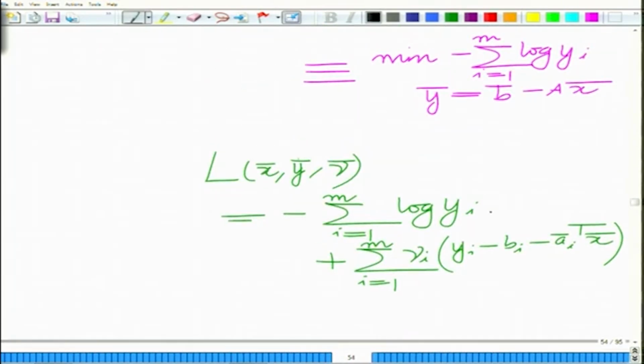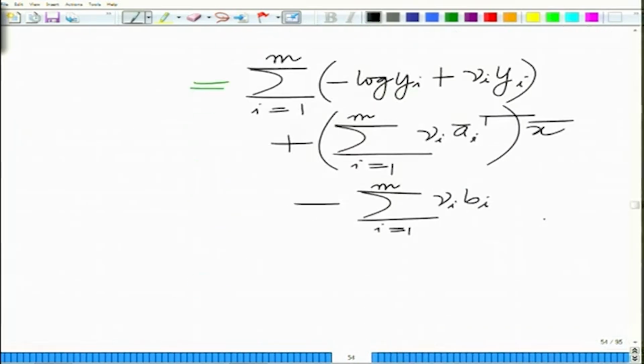Okay. So, this is basically the Lagrangian.